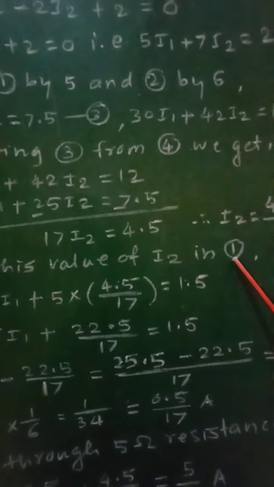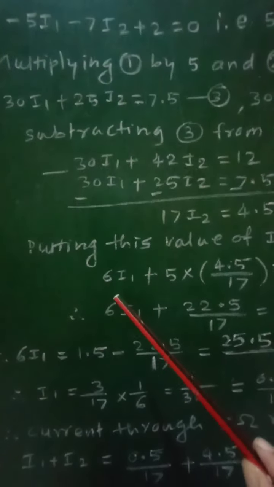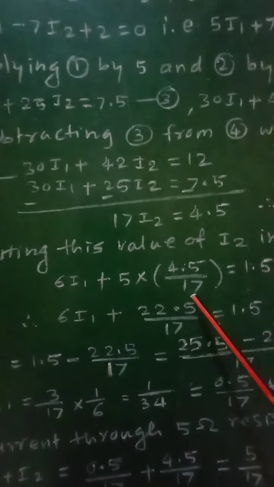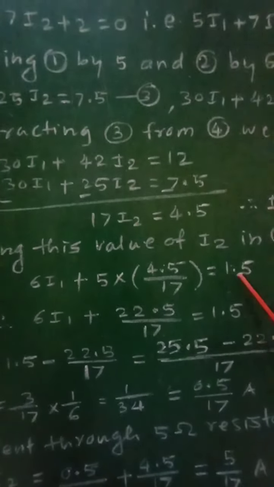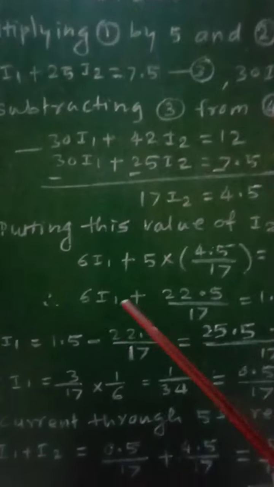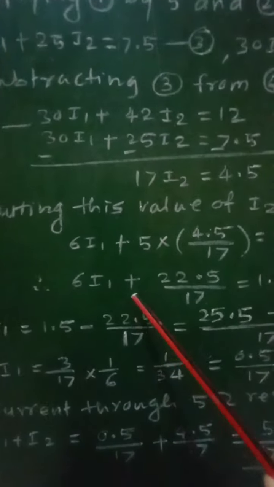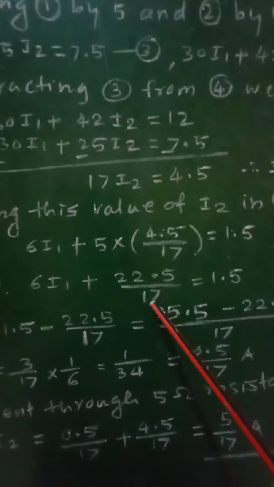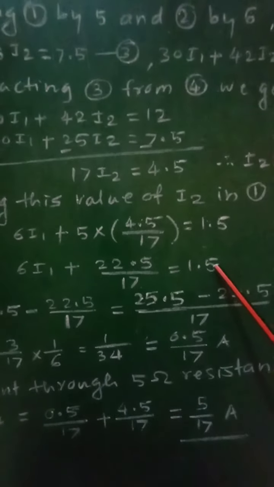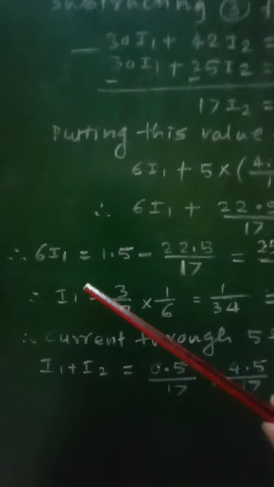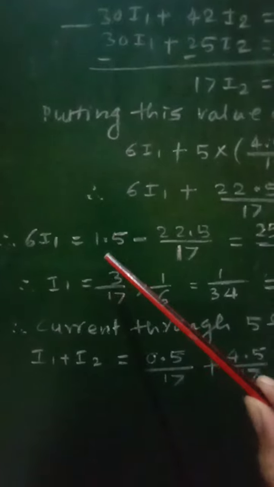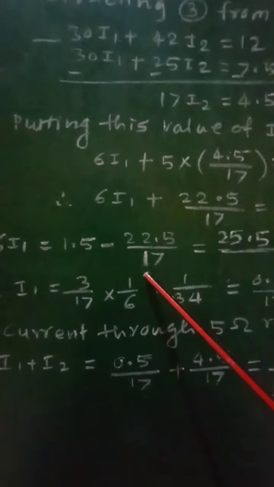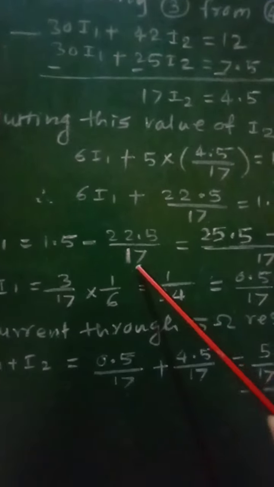in equation 1, we will get 6 I1 plus 5 into 4.5 upon 17 equal to 1.5, and therefore we can write 6 I1 plus 22.5 upon 17 equal to 1.5. Therefore we can write 6 I1 equal to 1.5 minus 22.5 upon 17.